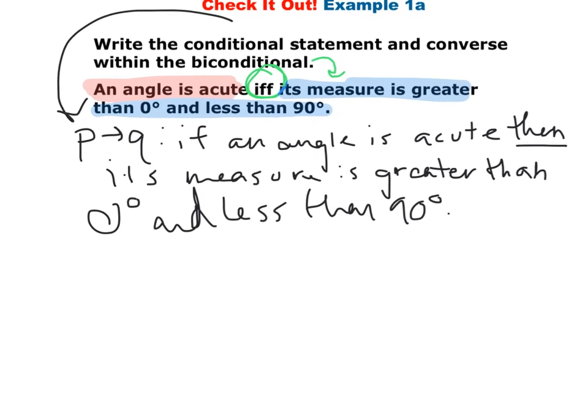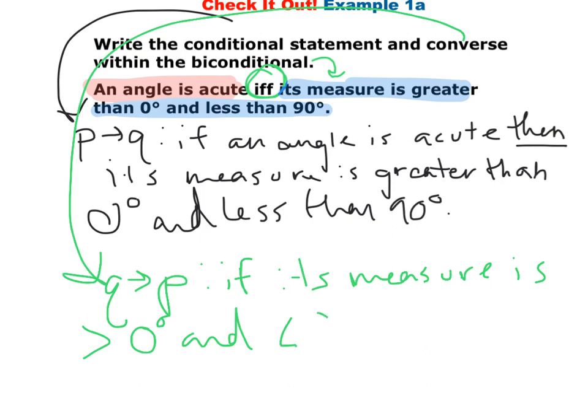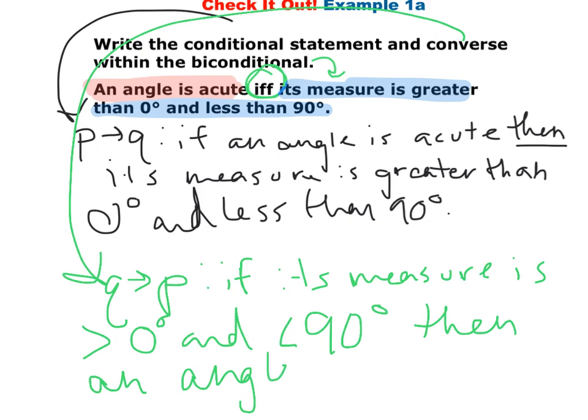Now let's write the converse. So in the converse, we flip the P and the Q. So we write if Q, then P. So our converse would be if its measure is greater than 0 degrees and less than 90 degrees, then an angle is acute.